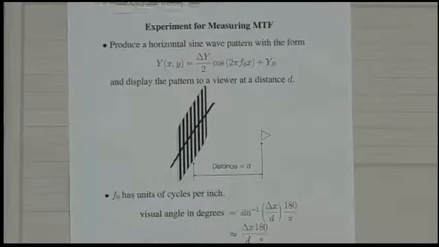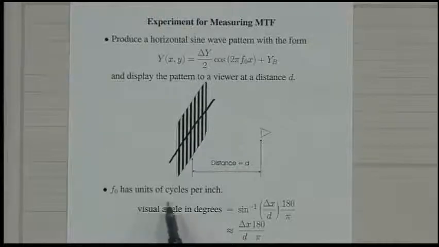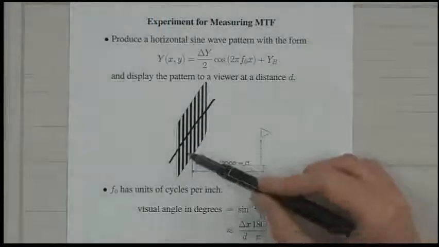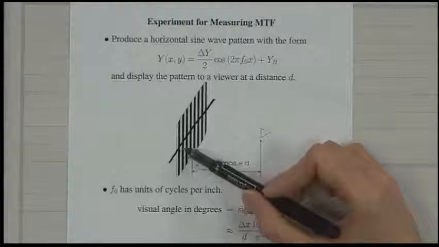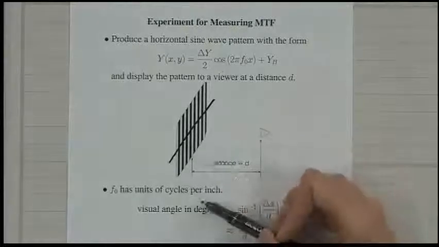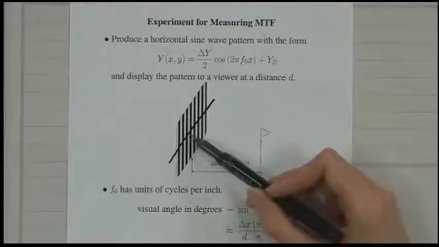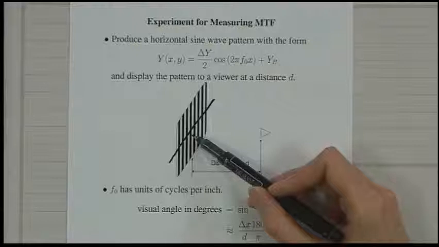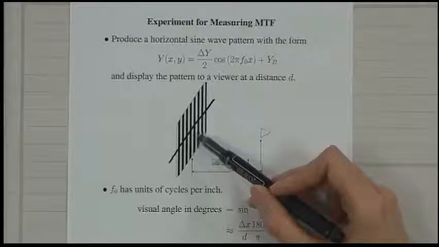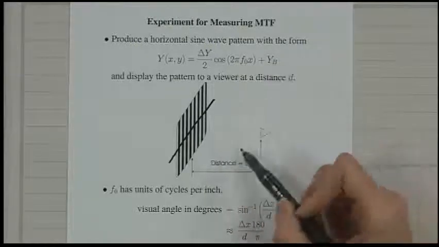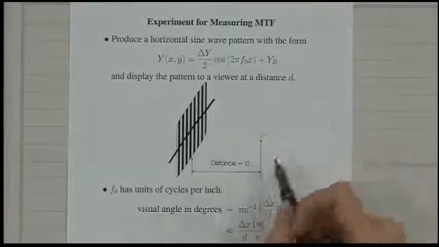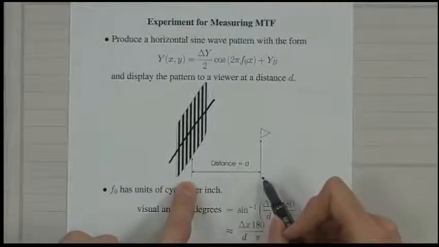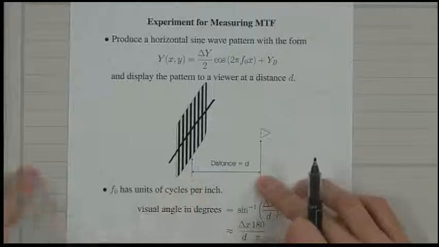These units don't end up being so useful for modeling the human visual system, because how fast this is varying in cycles per inch will produce a dramatic difference in how the human visual system responds, depending upon how far away this is.